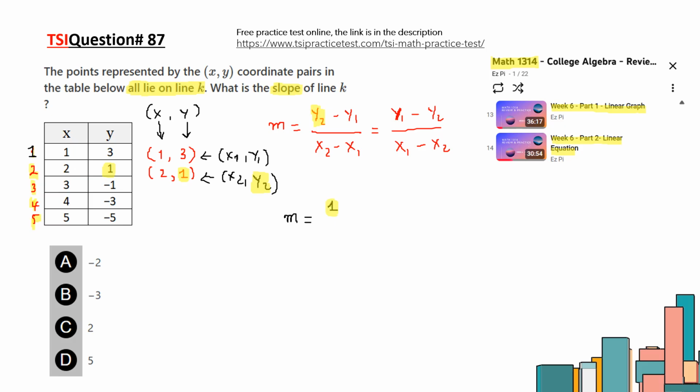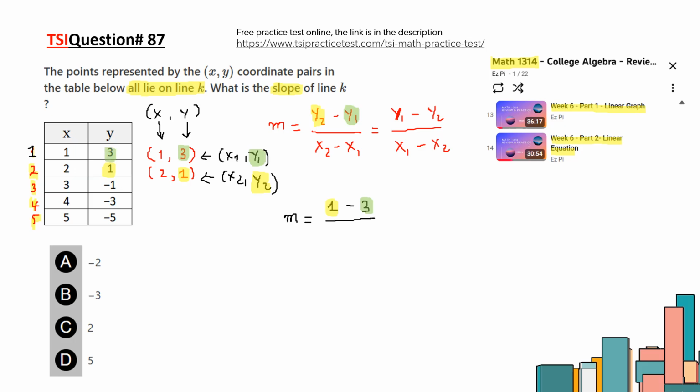Okay, now I will have y2 minus y1. So y1 is 3. Let me highlight it as well. Here y1, in green, is 3, because y1 is right here, 3. See that?